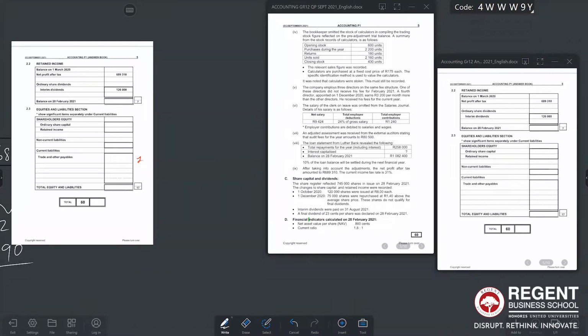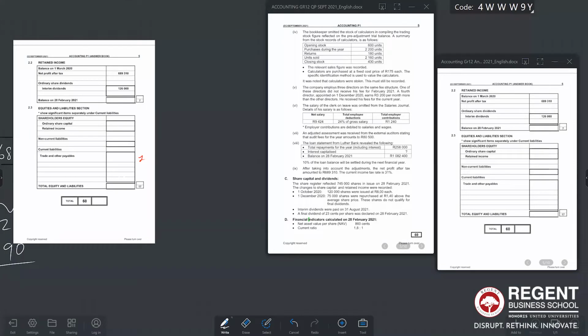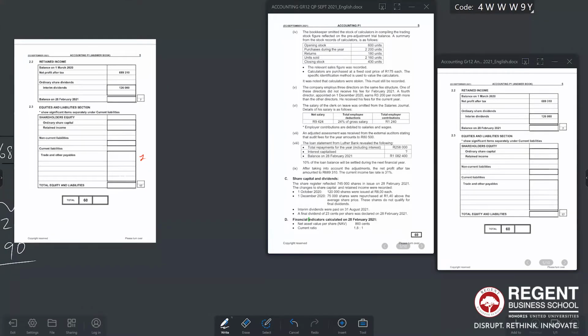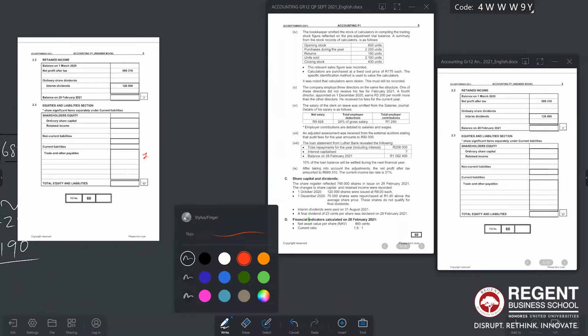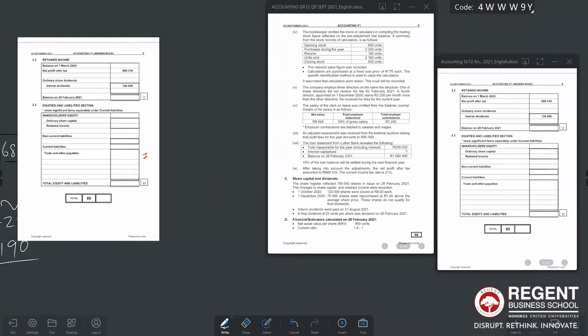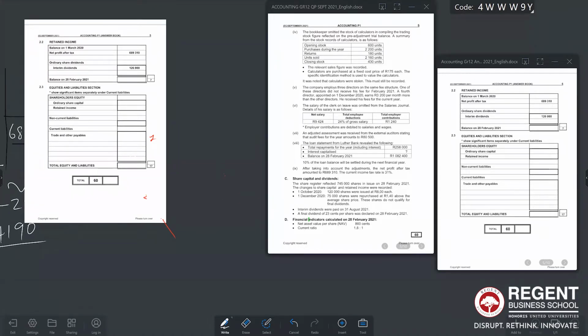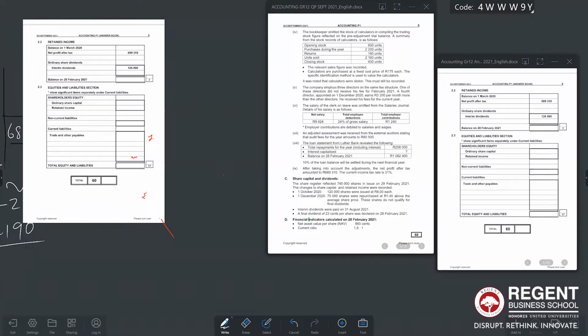Okay, look, I think we managed to work something out where I can write on the answer sheet, so maybe you'll be able to see. All right, so I've got balance on the 1st of March, no figure, net profit after tax, and then I'm going to have the repurchase. I told you 75.